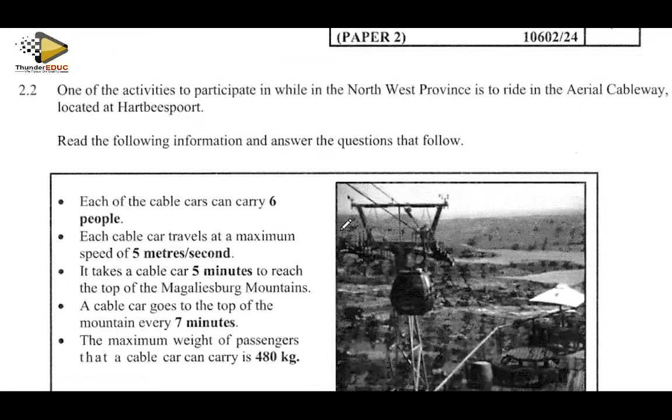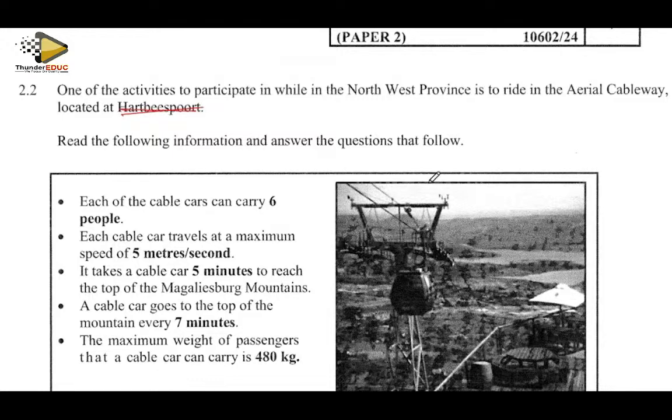Two point two. One of the activities to participate in while in Northwest Province is to ride an aerial cableway located at Hotspot Port.